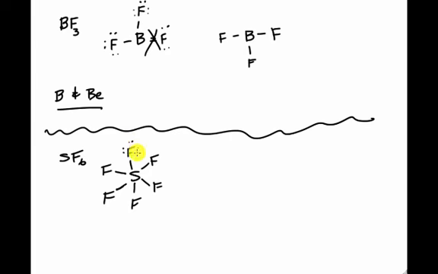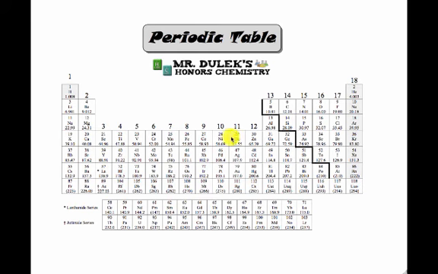I'm not going to do it for all of them, but why is this happening? This is what I really want to focus on. If we take a look at sulfur's position on the periodic table, it's right here, in the third energy level. This is the first energy level, second energy level, third energy level. Because sulfur is in the third energy level, it has a d orbital open to it.